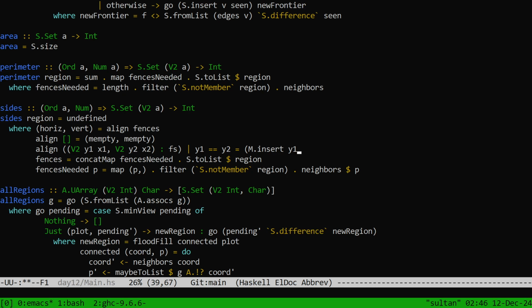wait, is this wrong? I've forgotten how this works. So the left coordinate is my cell. X1, y1, those are our cell. Y2, X2 are the other one. So yeah, I'm inserting with y1 as the key, and I think I just need x1. I don't need x2 for anything, right?